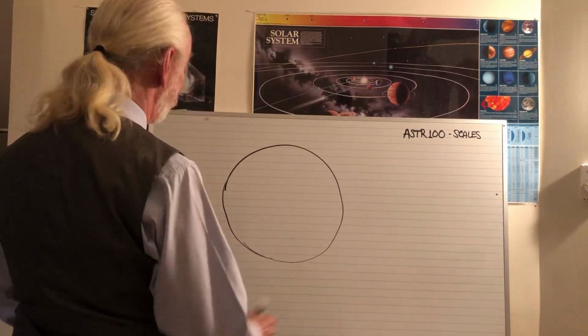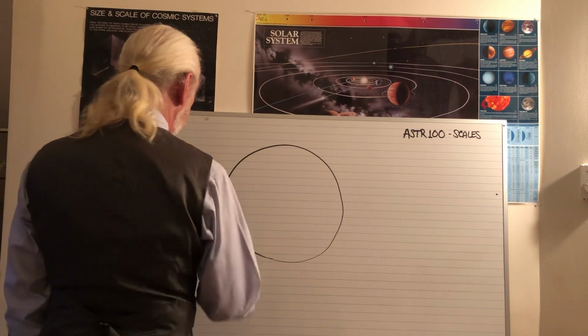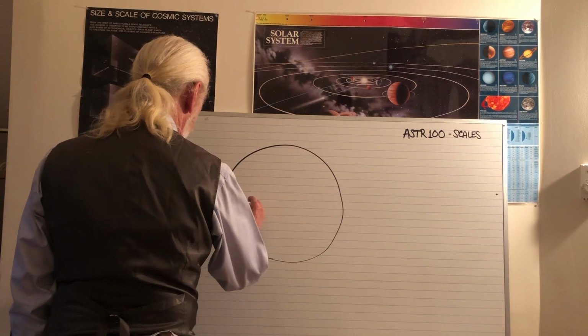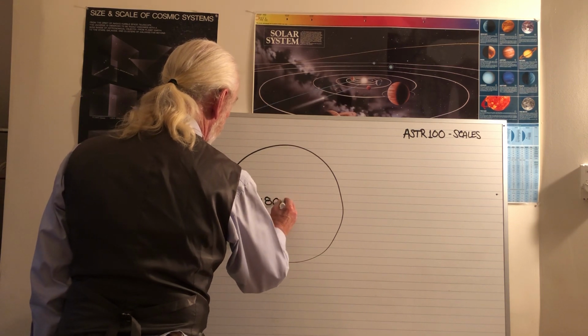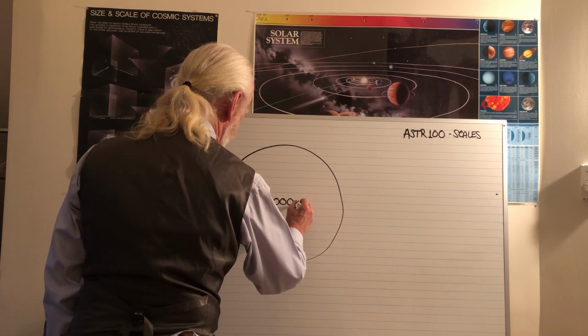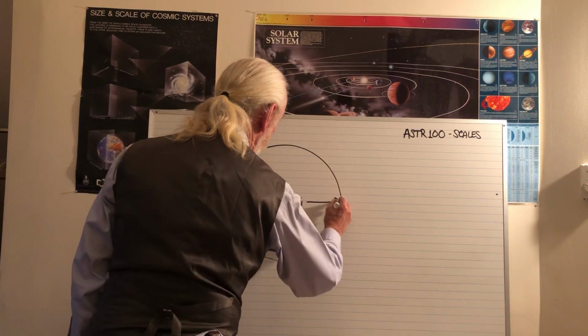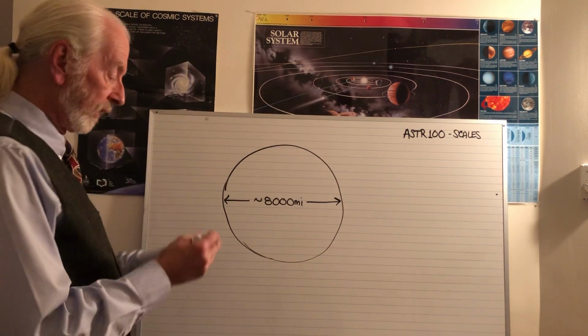All right, so here we are. Here's planet Earth. This is home. This planet is approximately 8,000 miles in diameter. So that's home for us, an 8,000 mile diameter ball of dirt.